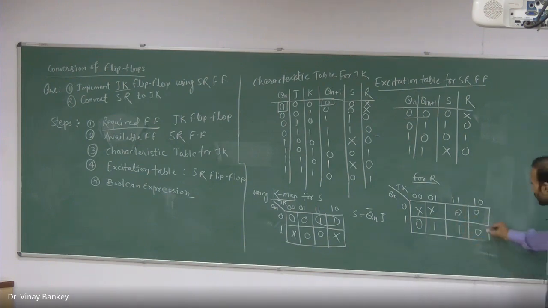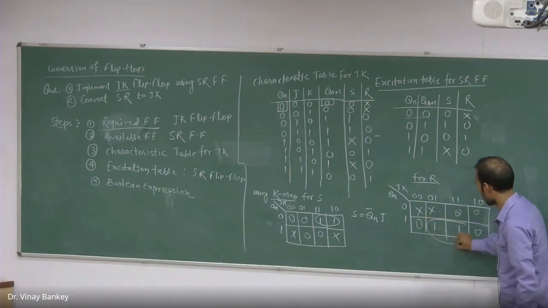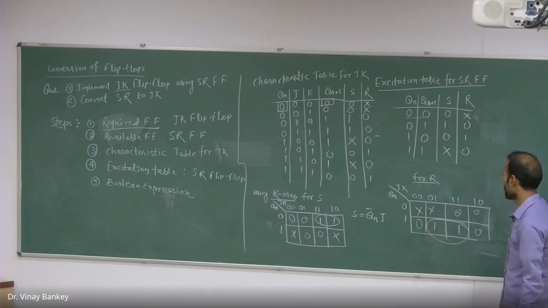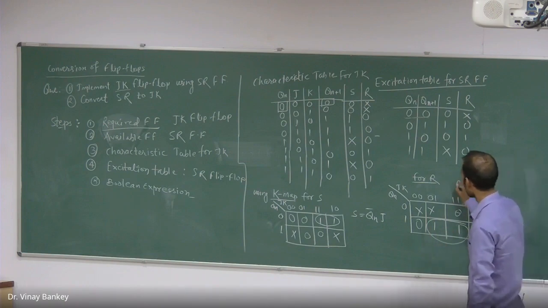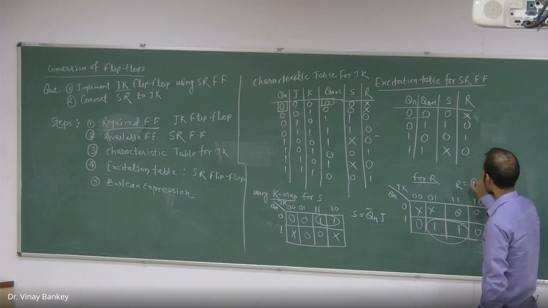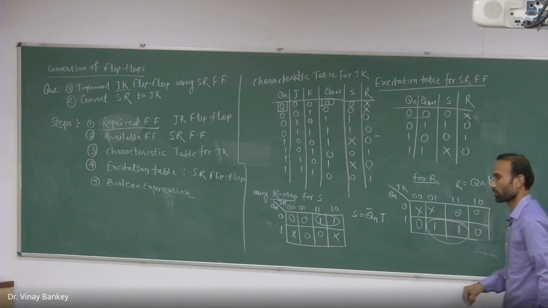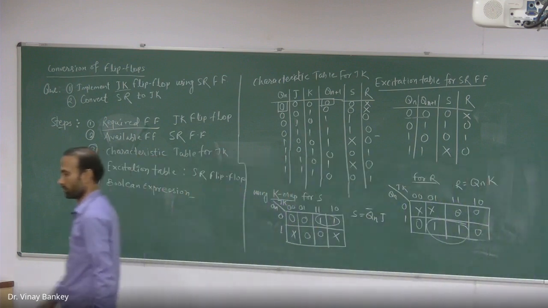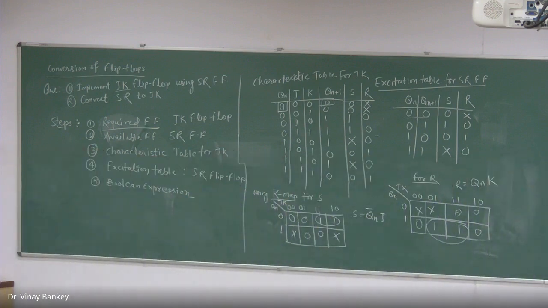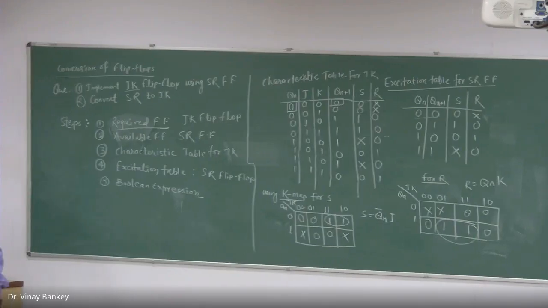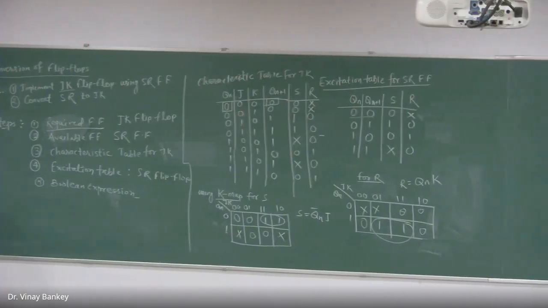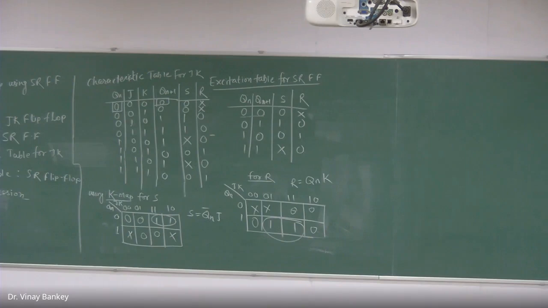Isn't it? Okay, so we can make this group, and R will be what? R will be Qn and K. Qn and K. So we obtained the expressions for R and S.